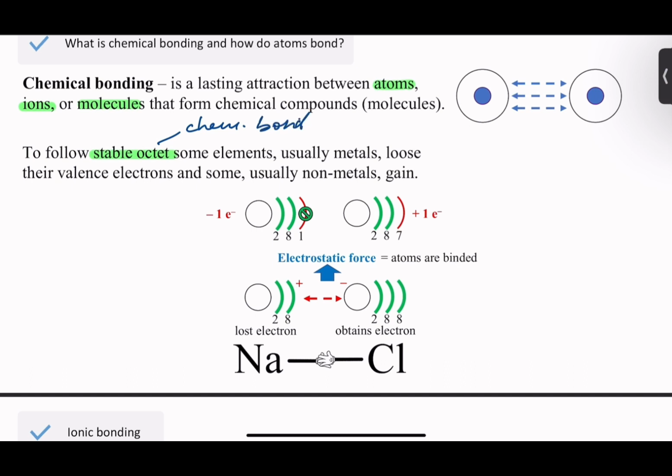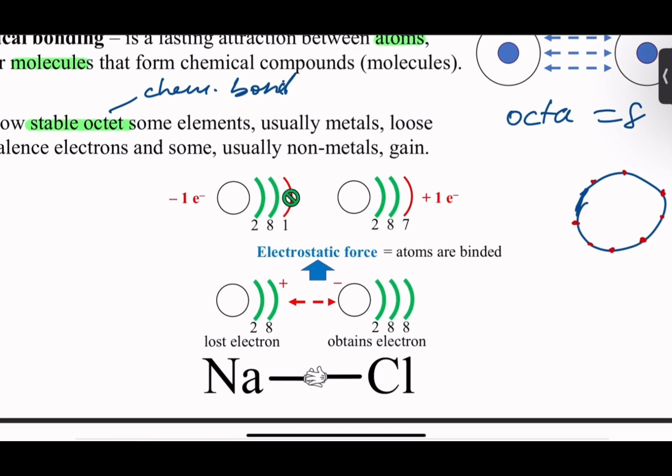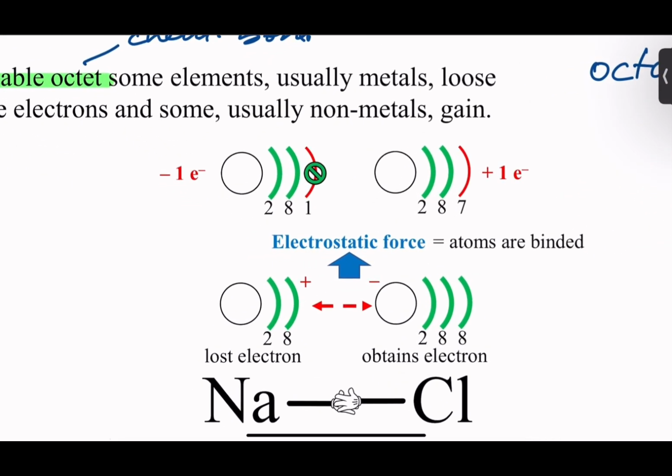What is an octet? Octa means 8, and the octet rule means that you need to have 8 electrons in the last shell. That means 1, 2, 3, 4, 5, 6, 7, 8. So in the last shell, you need to have 8 electrons. That's what it means. Sodium is given here for us, and then chlorine.